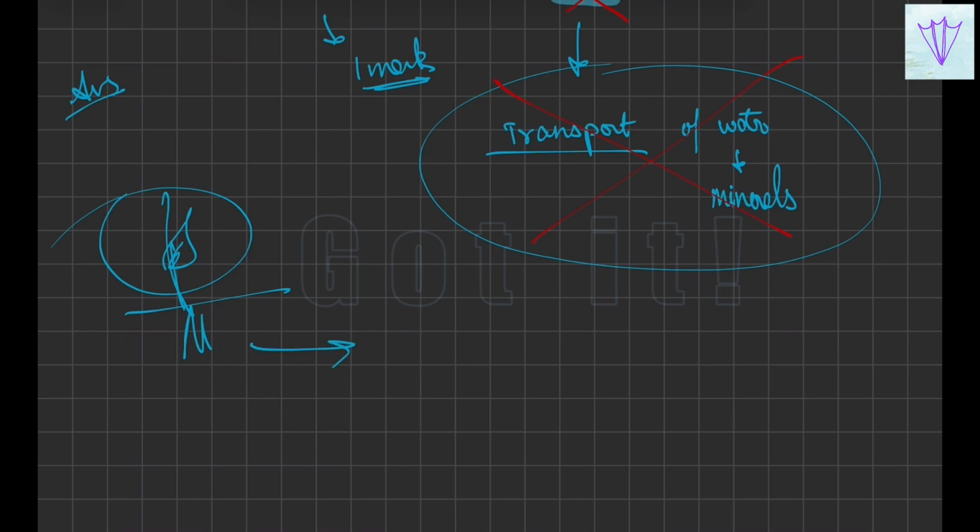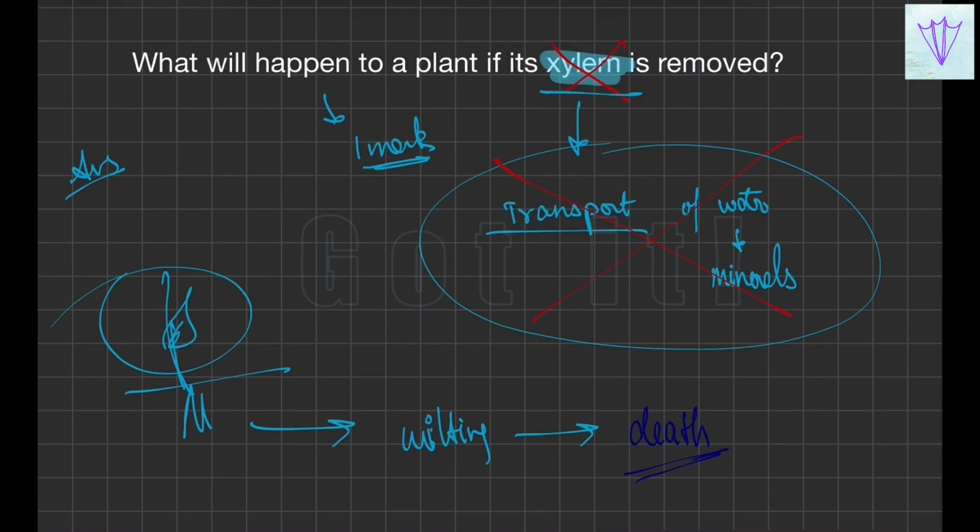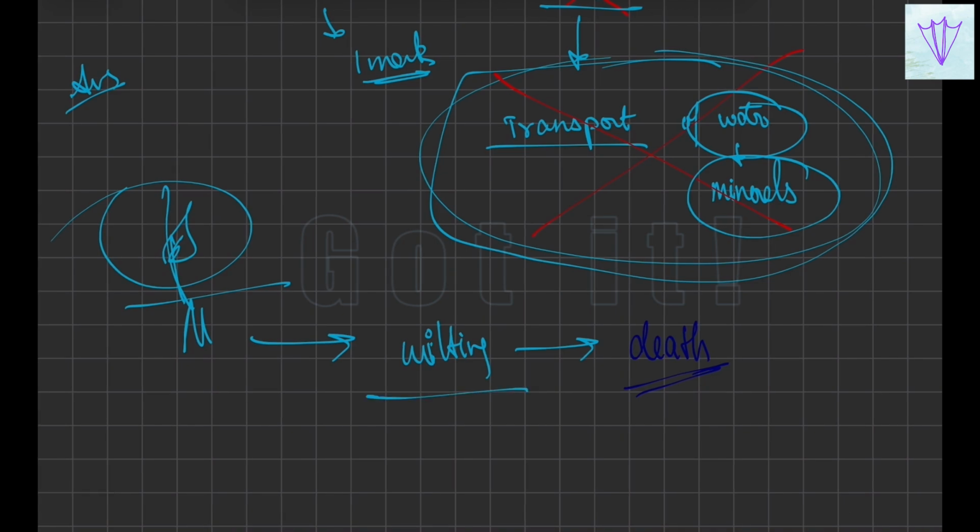The plant will start to wilt and eventually this will lead to its death. Since water and minerals are not supplied adequately, it will dry up and eventually die.